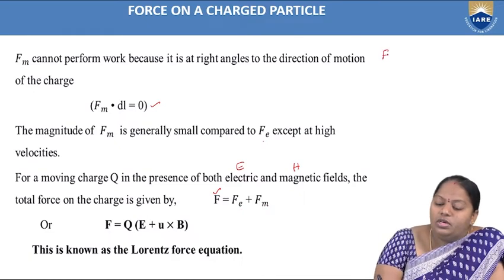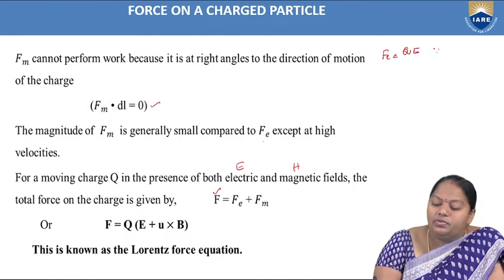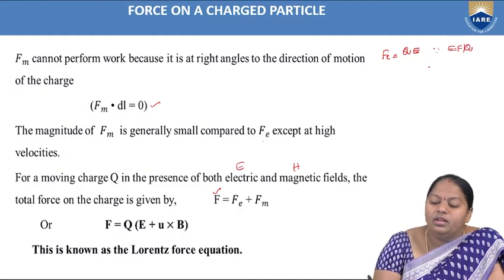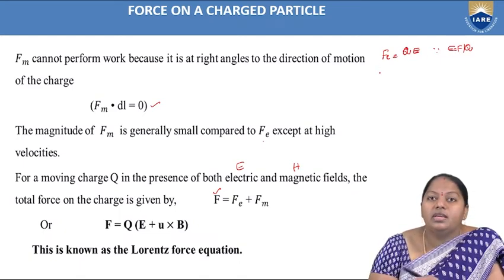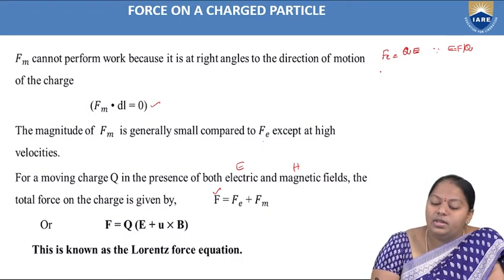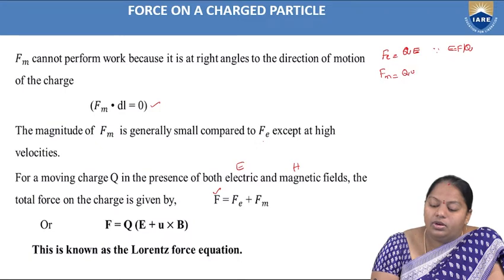And we know that Fe is given by Q into E, from E equal to F by Q, since force per unit charge is the electric field intensity. Similarly for the magnetic force, it is Q into U cross B. So this is the first and here it is the second.